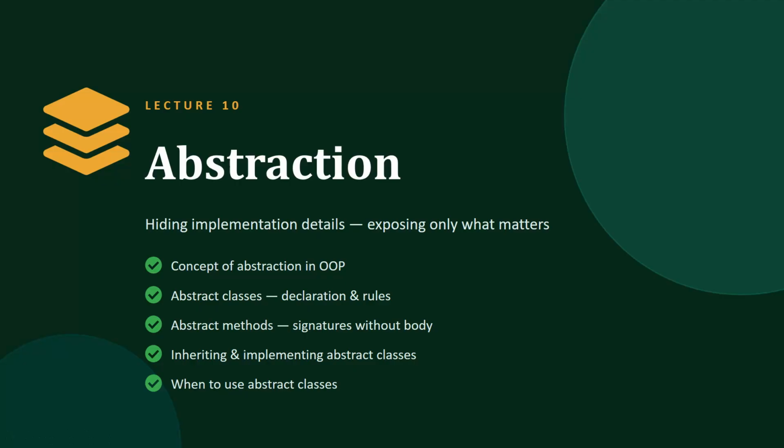The concept of abstraction in object oriented programming. We're going to look at abstract classes, declaration, and rules. We're going to look at abstract methods, signatures without the body.